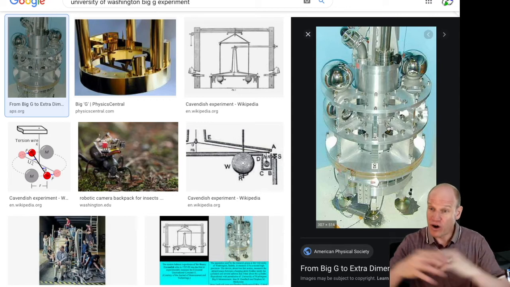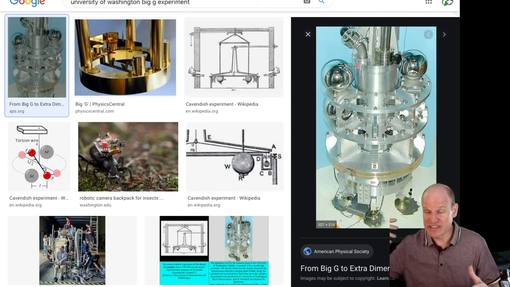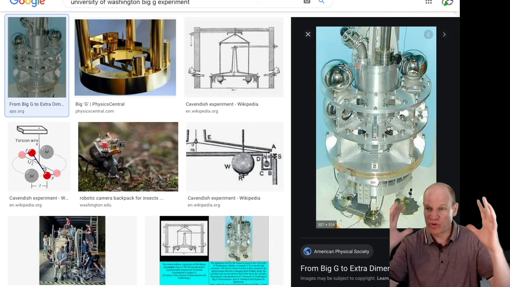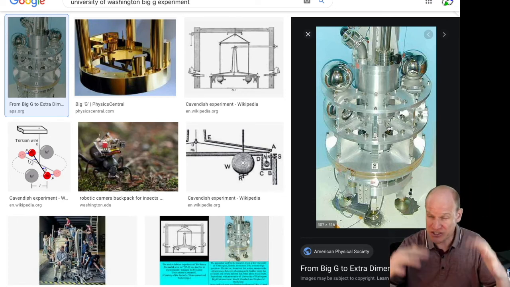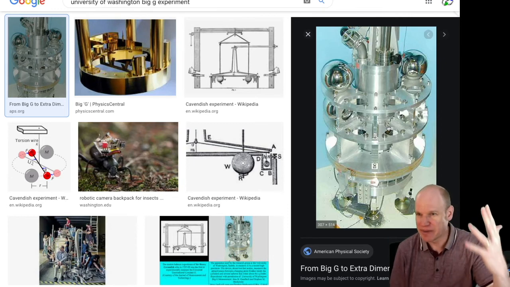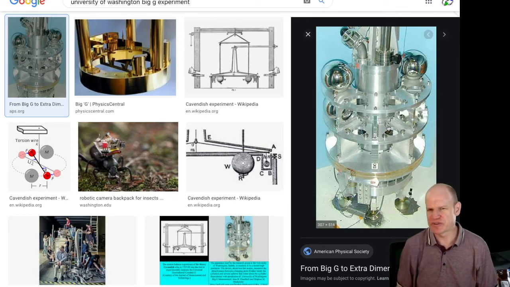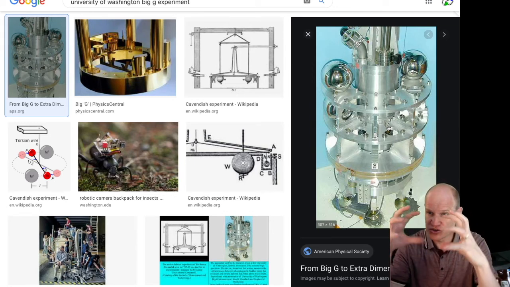Is there more water flowing in the river that's nearby? Are there animals walking around outside? Is the ground saturated with water nearby, because that changes the mass? In the experiment that I was working on, they were using a cliff face as the mass that was attracting the torsion pendulum.